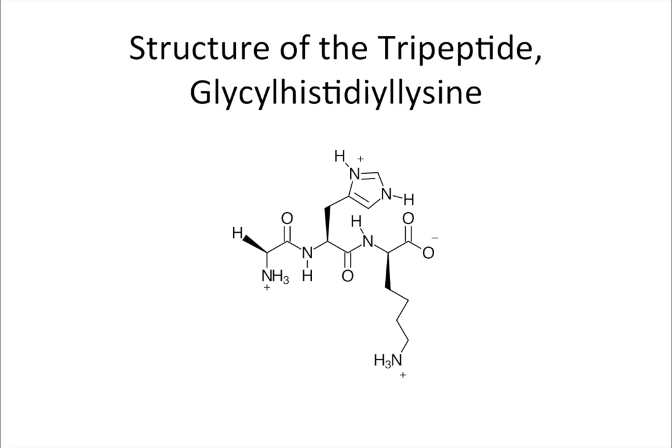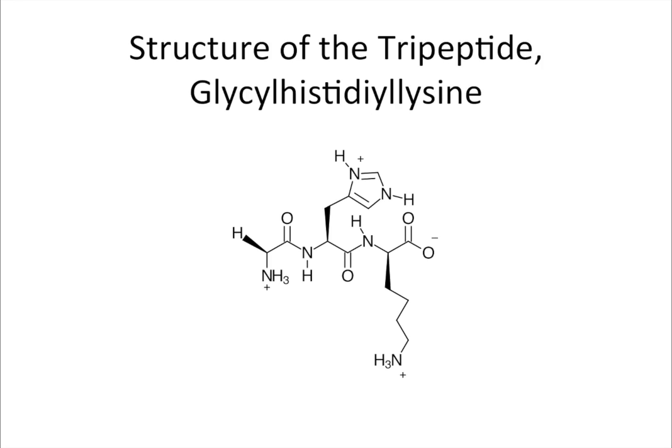Then we have tertiary structure, which is the overall 3-dimensional folding of a single polypeptide chain. Cytochrome C has one polypeptide chain, so that's one subunit. But hemoglobin has 4 polypeptide chains, and so 4 subunits.